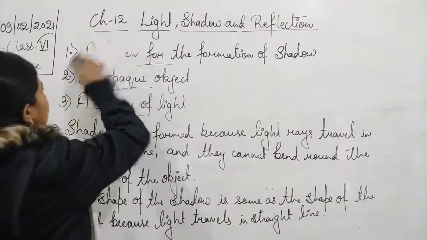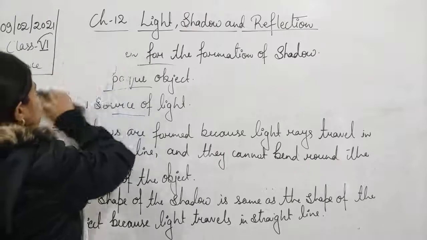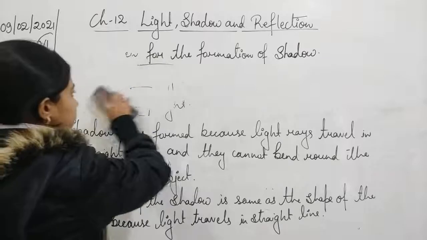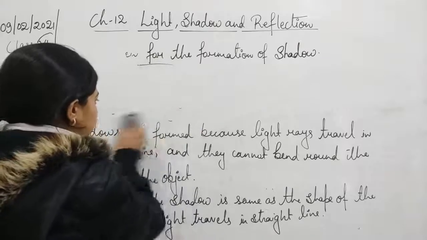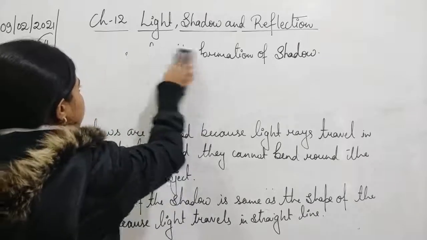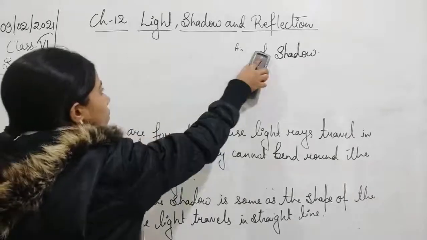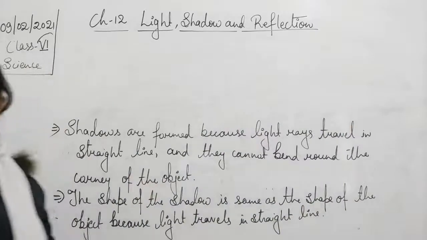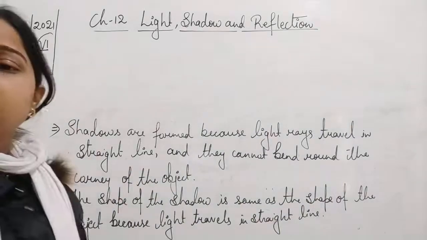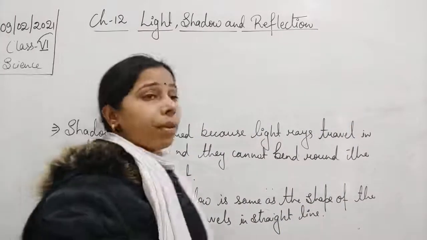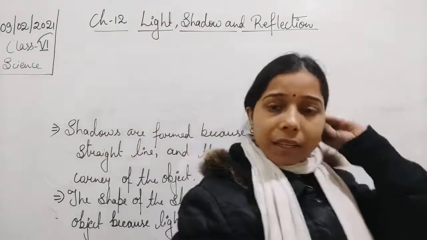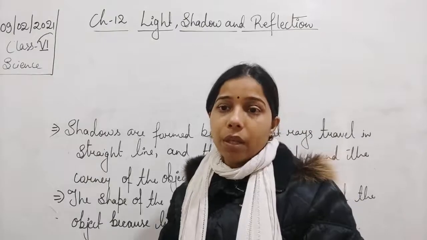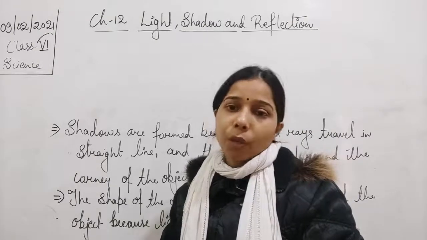Okay, now let us see a few examples related to the shadow itself. Students, if a bird is on the ground, are you able to see the shadow of the bird?